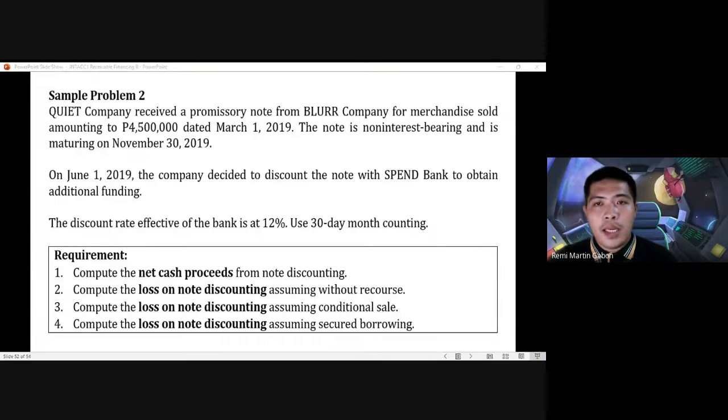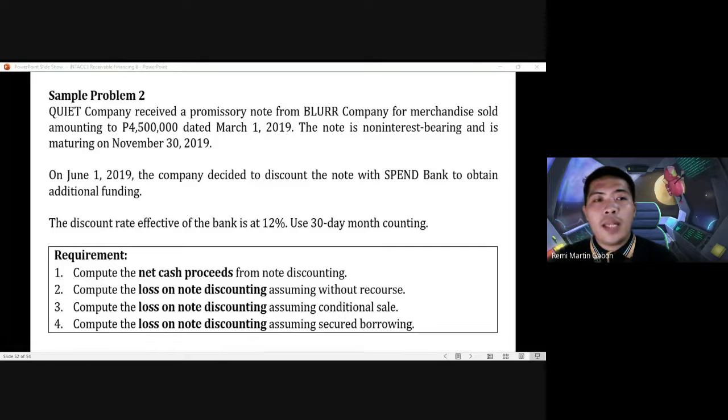May nagsasabi ng 8, may nagsasabi ng 10, may nagsasabi ng 9. Majority ang 9. So ilang months? Okay. 9 months. Okay? So therefore, the maturity period of the non-interest bearing promissory note here is good for 9 months. Kanina, good for 12 months.